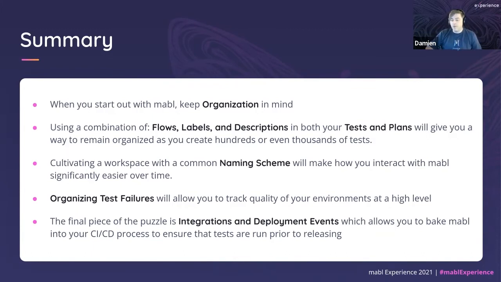We talked a lot about naming and deciding what works and what doesn't for your organization. We also looked at organizing test failures and how that will propagate environment-specific metrics that you look at. We closed off on the final slide by talking a little bit about integrations and deployment events to really take mabl to the next level.